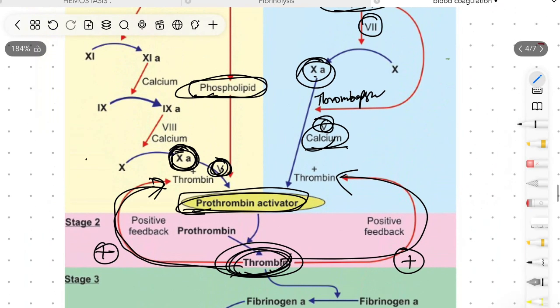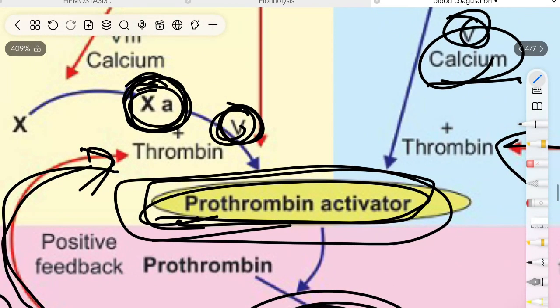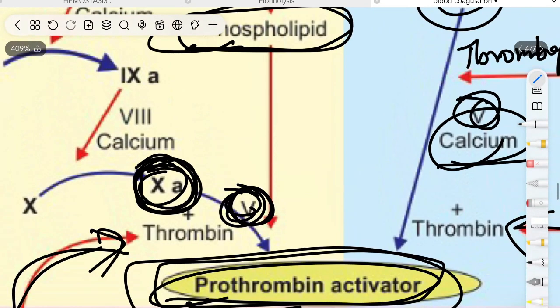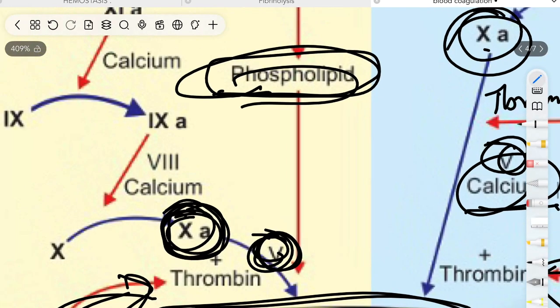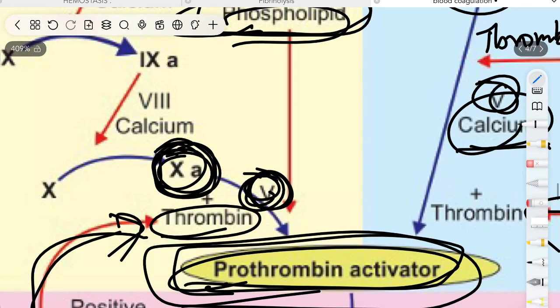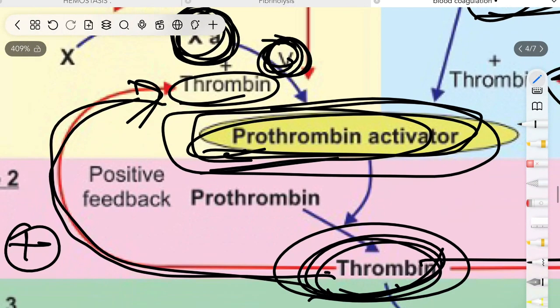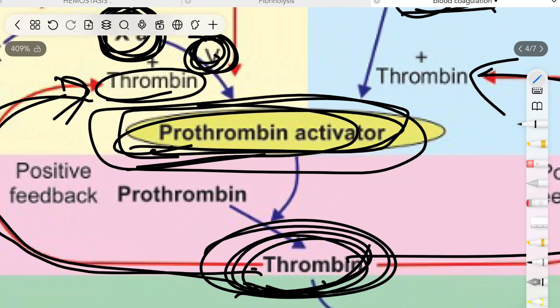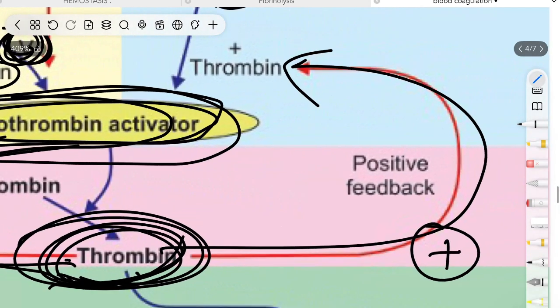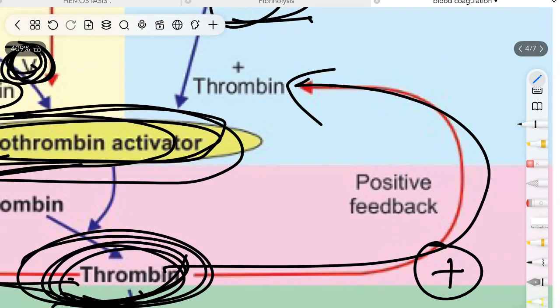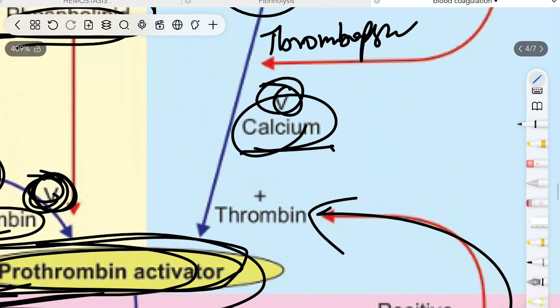In short, in the formation of prothrombin activator in the intrinsic pathway, factor 10, factor 5, phospholipids along with thrombin also help in the formation of prothrombin activator. That is, the thrombin formed has a positive feedback control in the formation of prothrombin activator. Even here, thrombin has a positive feedback control in the formation of prothrombin activator.